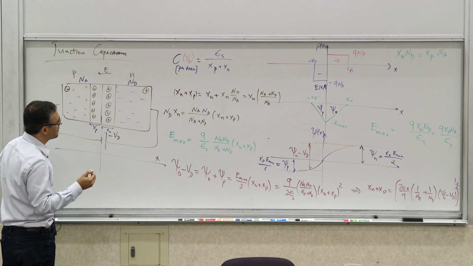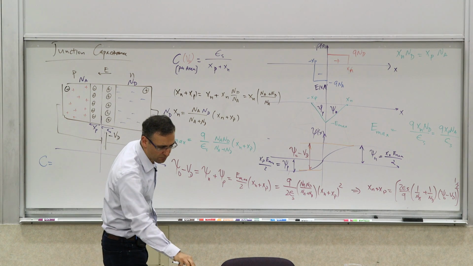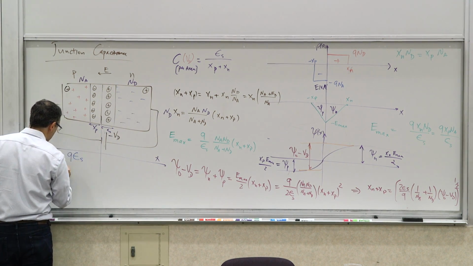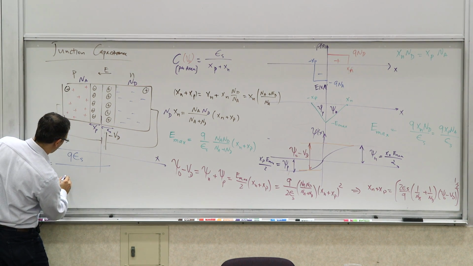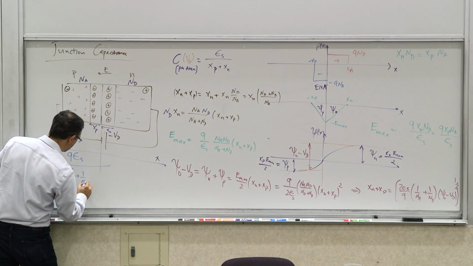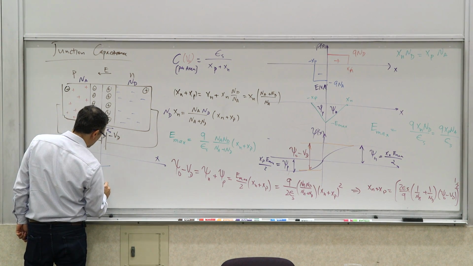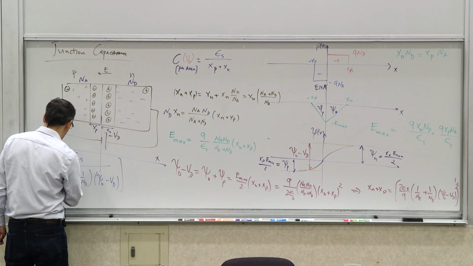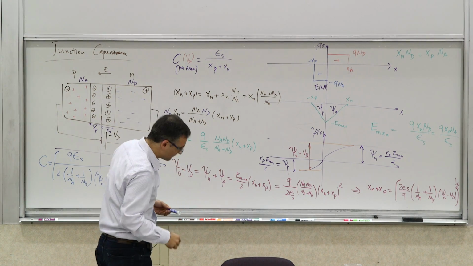So what you get when you divide it by that is a full expression for it. You will get q epsilon silicon divided by 2 times 1 over Na plus 1 over Nd, times psi naught minus Vd, to the power of 1/2. Yep.